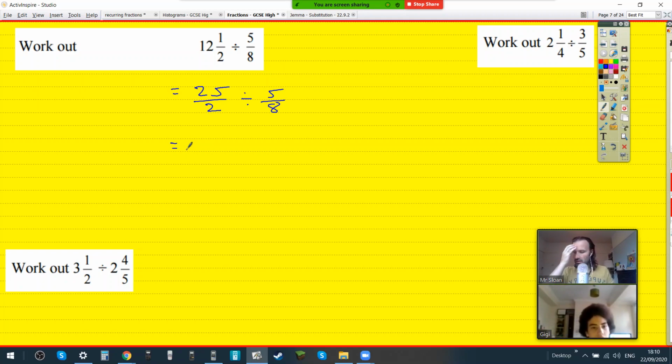Keep, change, flip. Keep the first fraction the same. Change the divide to times, and flip the second fraction. All right. So it would be, well, 5 would be 1, and 25 would be 5.